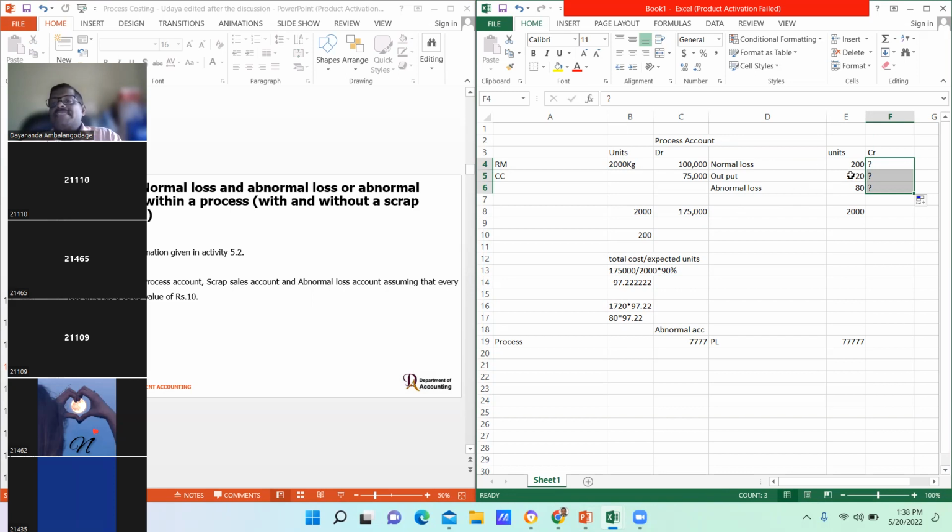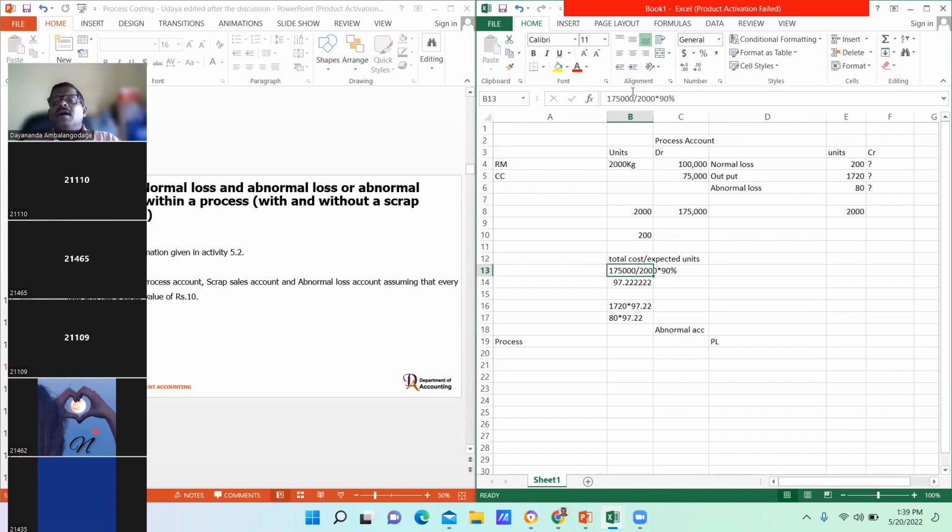So this 200 can be sold at 10 rupees each unit, and this abnormal loss of 80 can be sold at 10 rupees each unit. If that is the case, we do the basic calculation, total cost divided by expected units. And here this 175 is not changing.